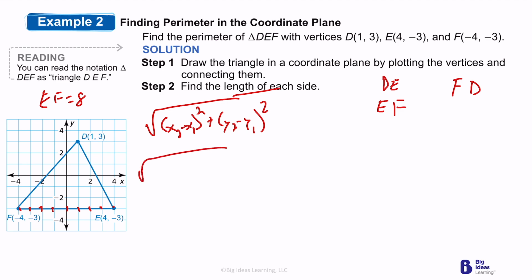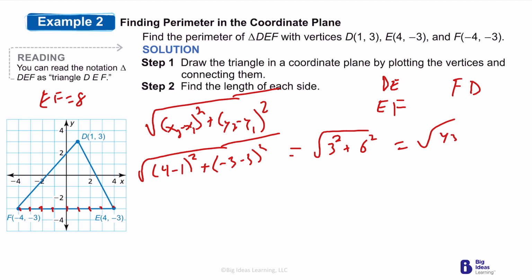So we have square root of (4 minus 1) squared plus (-3 minus 3) squared. That gives me square root of 3 squared plus 6 squared. And again, remember, technically it's negative 6 squared, but we know the minus sign is going to go away anyway. So we can just not worry about that too much and move on to putting it as positive 6 squared. Of course, this gives us square root of 45.